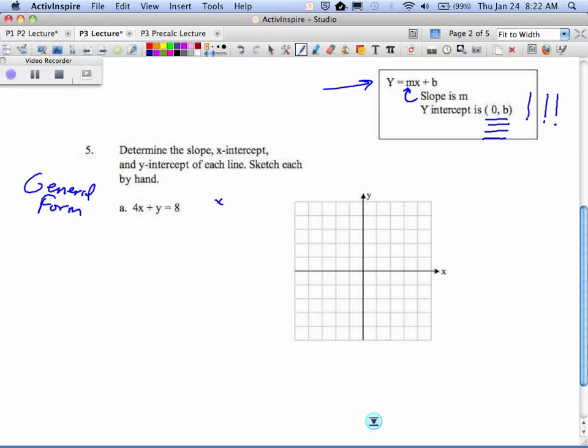When something's in general form, it makes it a lot easier. So the first time I do this, I'm going to make x 0. So if I put x is 0 in, all I want you to do is cover up the 4x. So you put your hand over the top of the 4x. What's left? Y is 8.